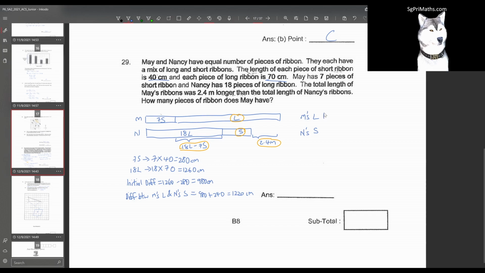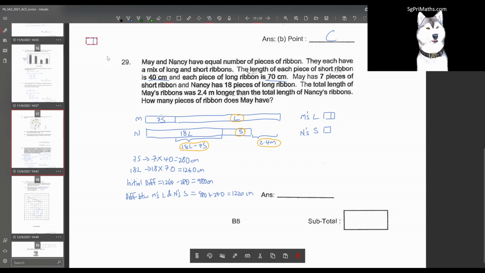So we know long, let's say there's an equal number of long and short. There'll be something like that. Because every long will have 30 cm more than short.